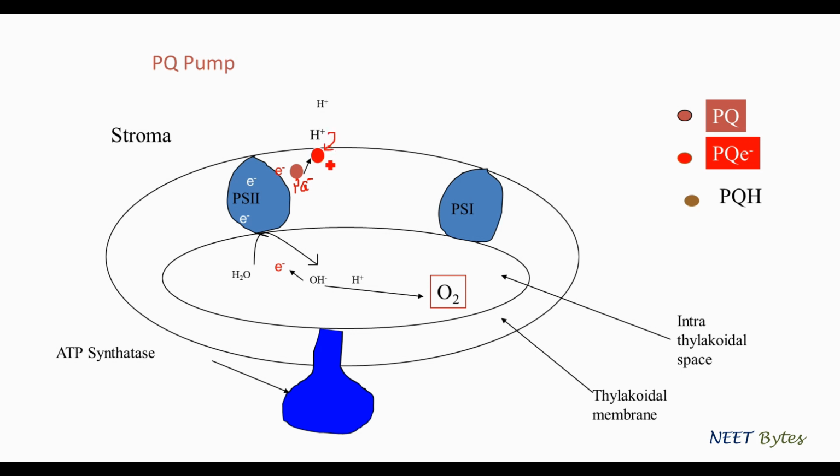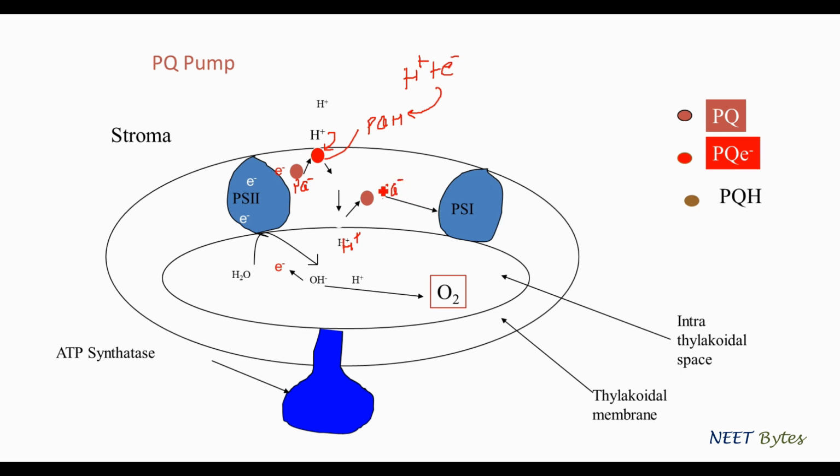It goes up, it picks up an H ion, so now it becomes PQH, because we know very well H ion plus electron will become PQH. Now it comes inside, and it releases the H ion inside. So here what happens, it releases the H ion and again gets converted into PQ minus.